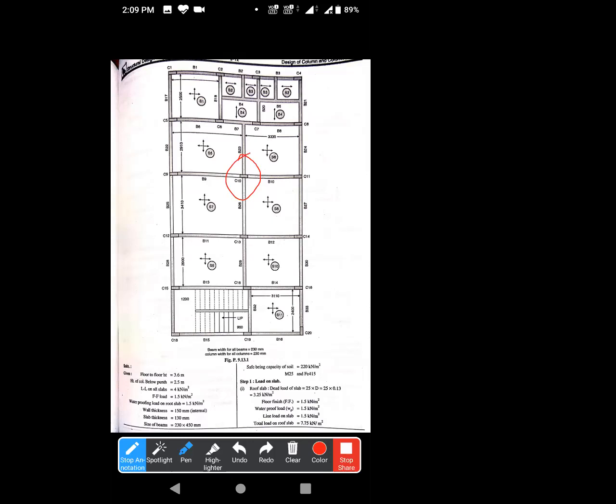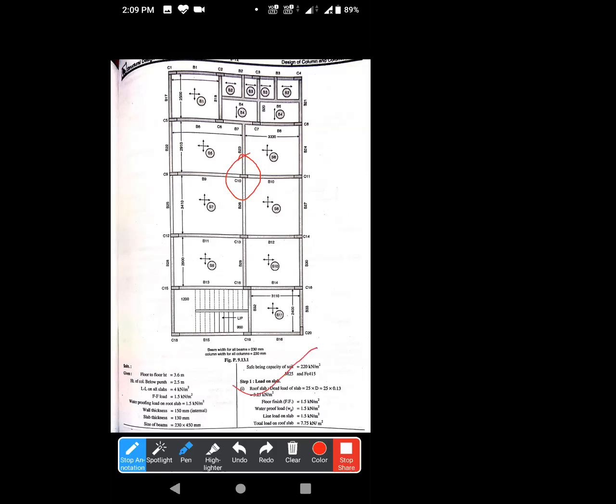Waterproofing load you have to take at the roof slab is 1.5 kilonewton per meter square, which you are always asked while designing. Wall thickness is 150 mm internal and slab thickness 130 mm. Size of beam is 230 by 450 mm. Safe bearing capacity is 220 kilonewton per meter square, and the grade of concrete is M25 and Fe415.